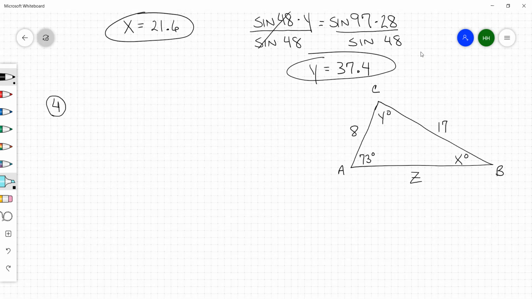All right, so what you're missing here, you're missing an angle measure to begin with. So here's your setup in a problem like this where you're missing 2 angle measures. You're going to start off with sine 73 over 17.